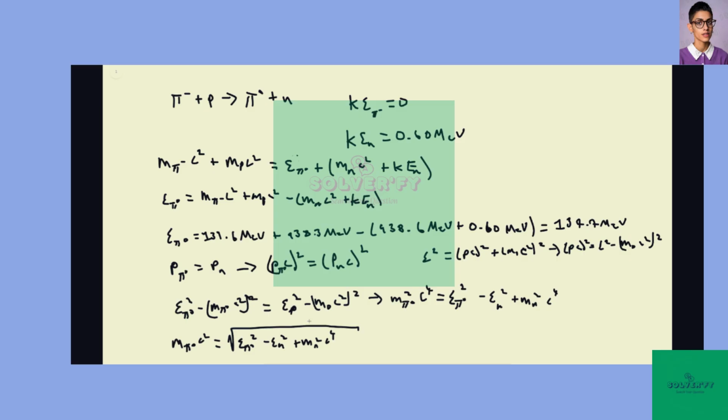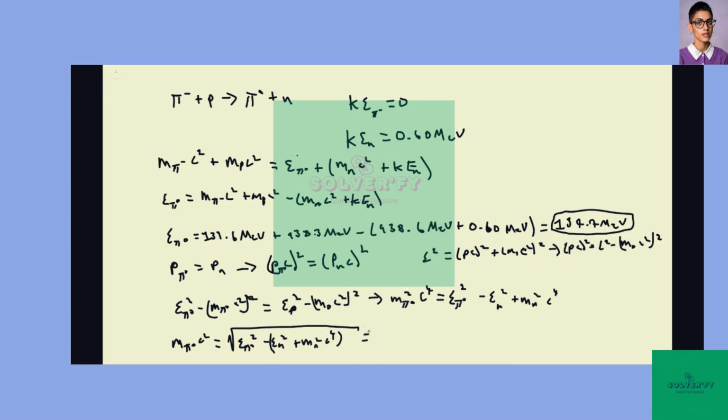Now we have all of these numbers because we solved for this here. So that's this number. And this number here is just going to be the total energy of the neutron, which is the rest mass energy plus its kinetic energy, squared.